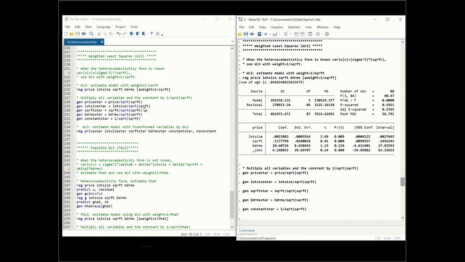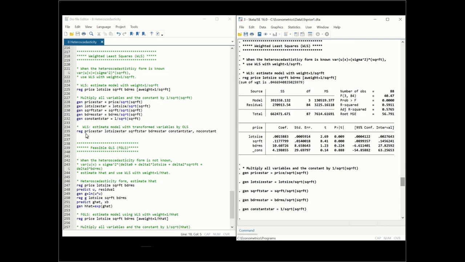And so including the constant, the constant would be 1 divided by the square root of this variable. And so we would call these variables stars here, the transformed variables. The nice thing is that when we multiply the constant by 1 divided by the square root of this variable, we have a case of homoscedasticity.